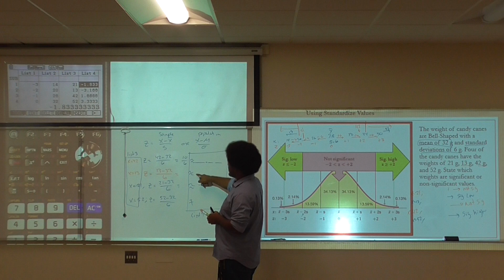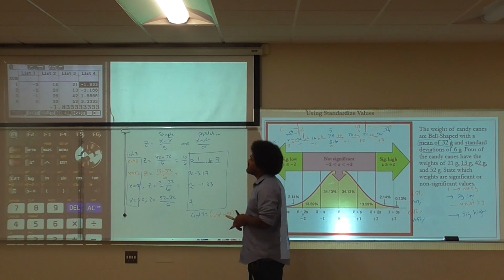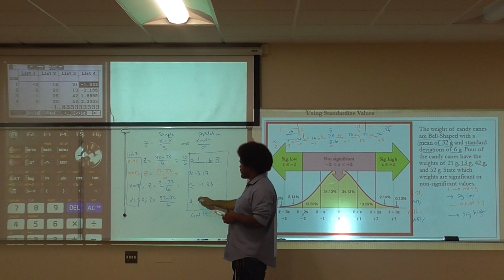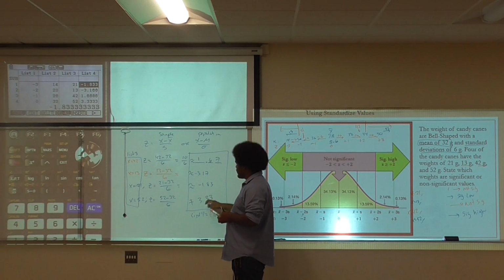For the 13, which is right here, I'm ending up with negative 3.17. Coming here for the 42, I'm ending up with 1.67. And then for the 52, I'm ending up with 3.33.